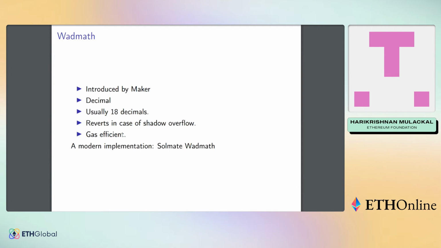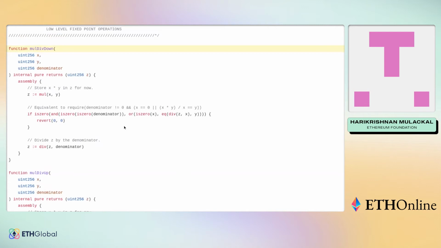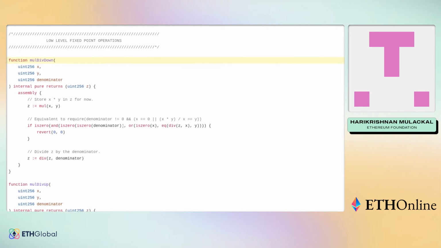And it's relatively gas efficient because the computations are very simple. A modern implementation of this can be found in Solmate, so you can see the reward happening here, for example.